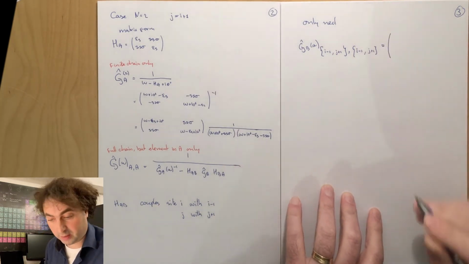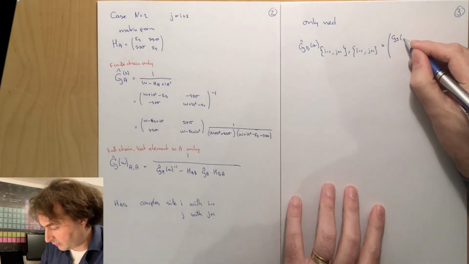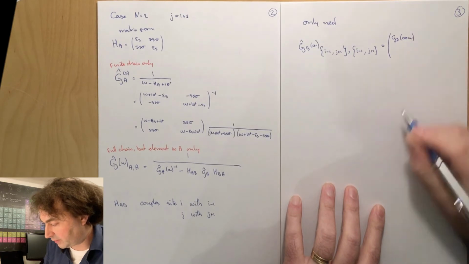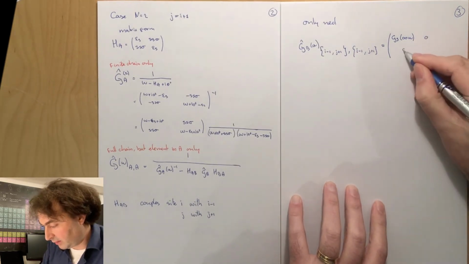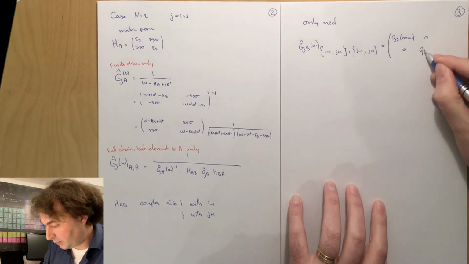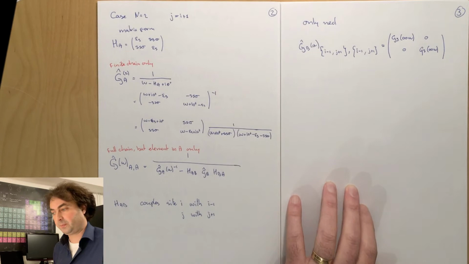Now, as the positive and the negative lead do not interact with each other, this is a 2 by 2 matrix where you can add and remove a particle to the lead with negative indices, or you can add and remove a particle to the lead with positive indices.